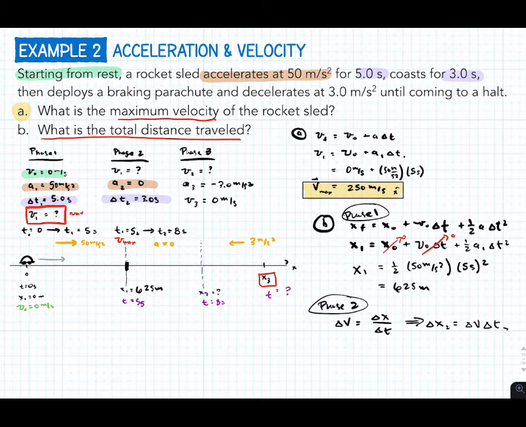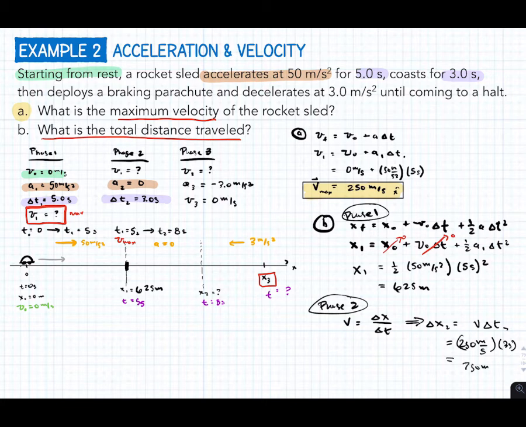Sorry, we don't need change in velocity, should not have written it like that. So v delta t. Our velocity is 250 meters per second, and the time is 3 seconds. So that gives us what? 750.